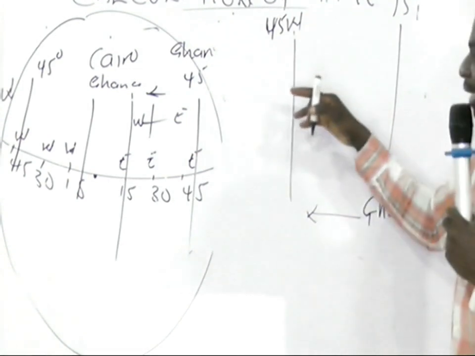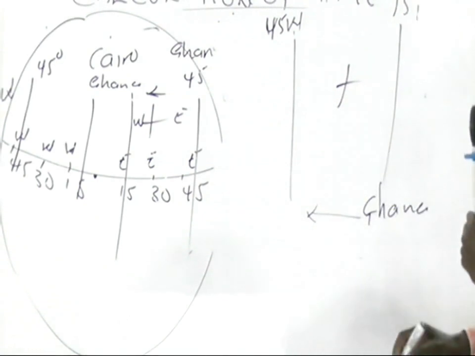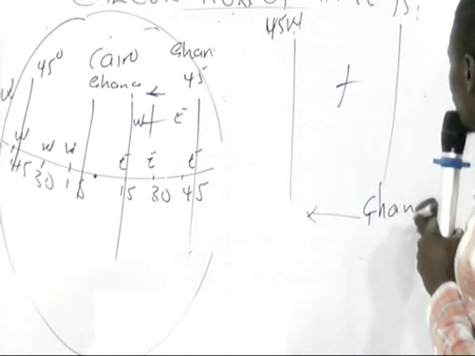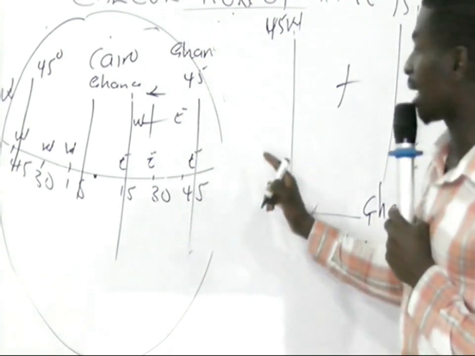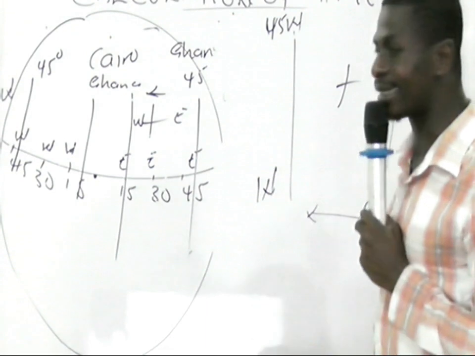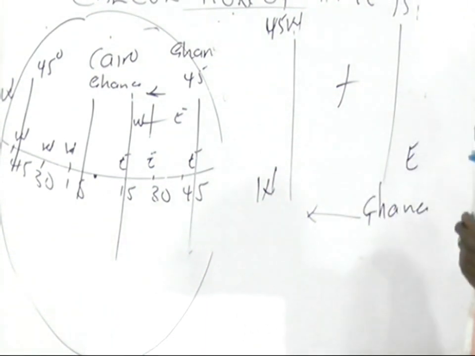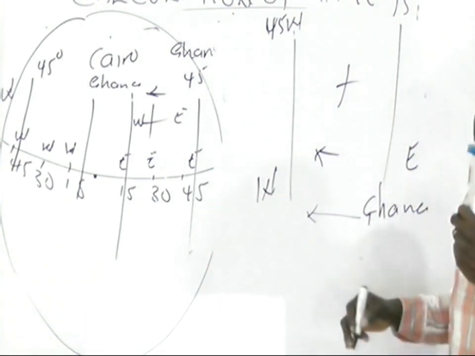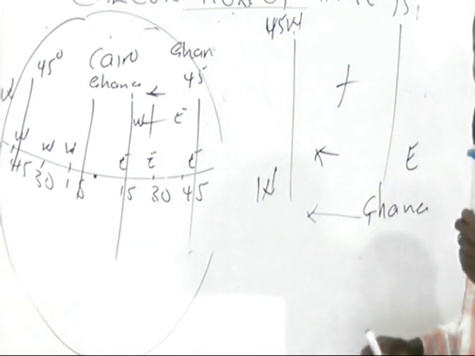But don't forget that if I draw my cardinal point, this side will be my east, which is Ghana, and this time around, Cairo will be my west. So still, I'm going to move from Ghana to Cairo to calculate my time. So I'm going to my west.